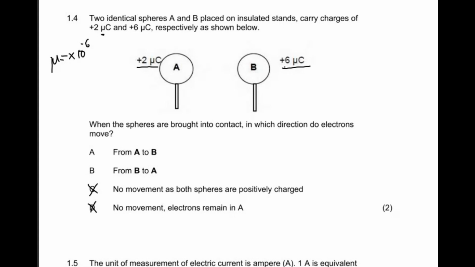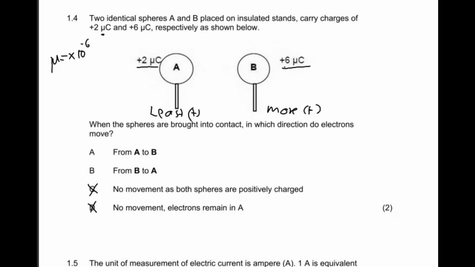Those electrons are going to go from the less positive to the more positive. If we compare, both of them are positive, but one is more positive than the other.